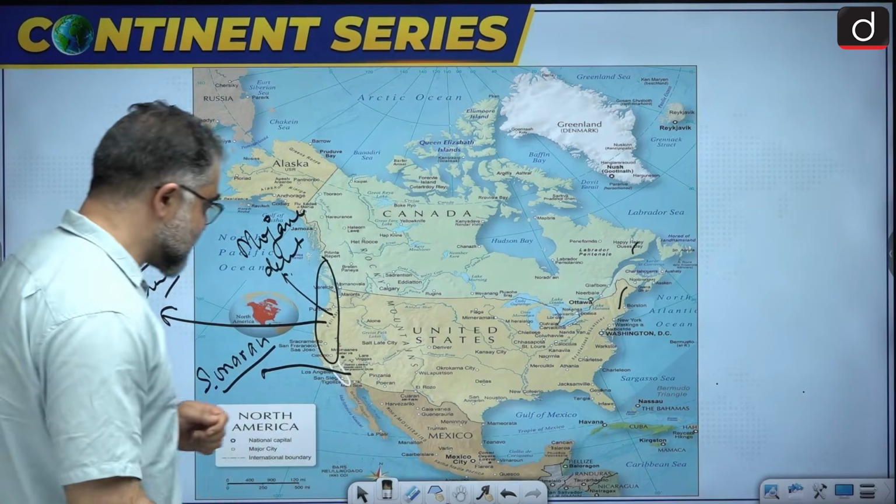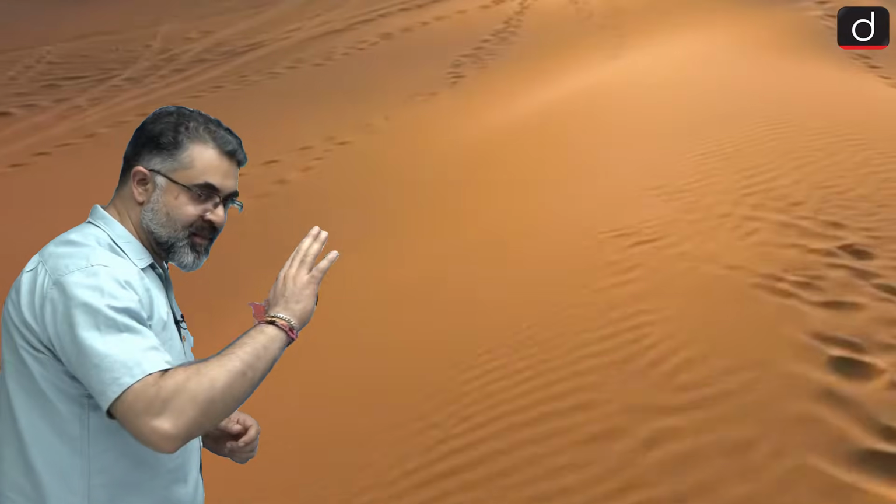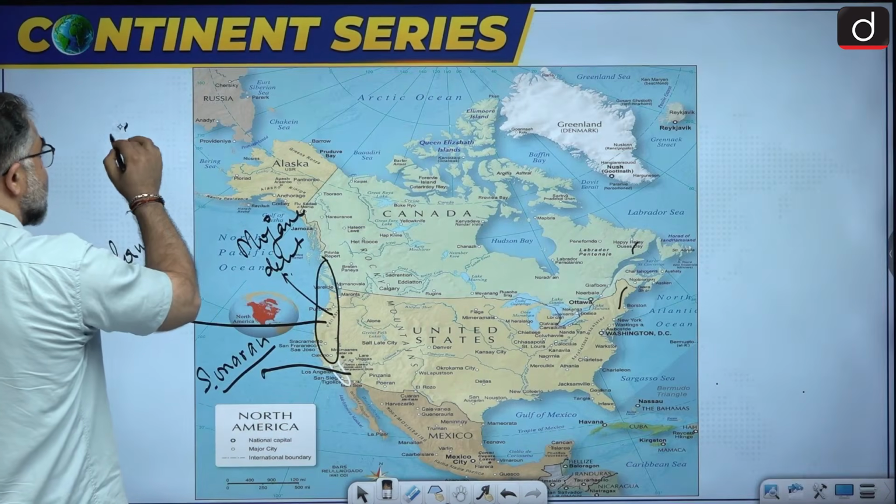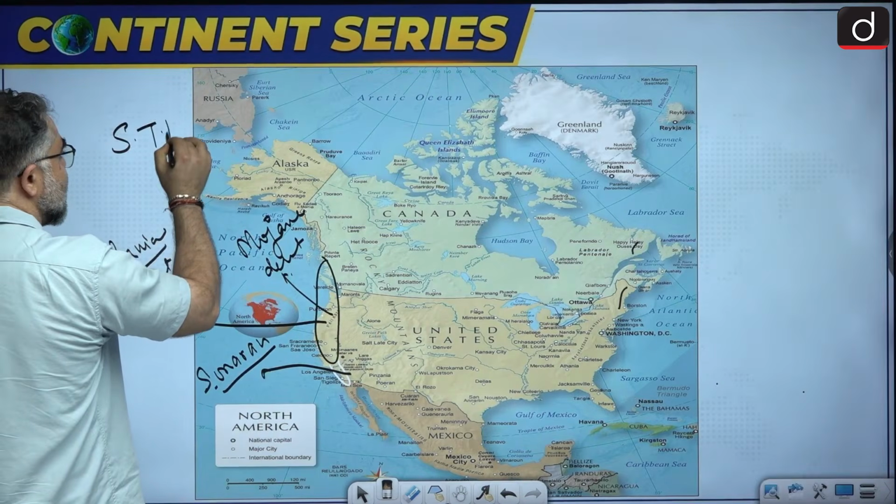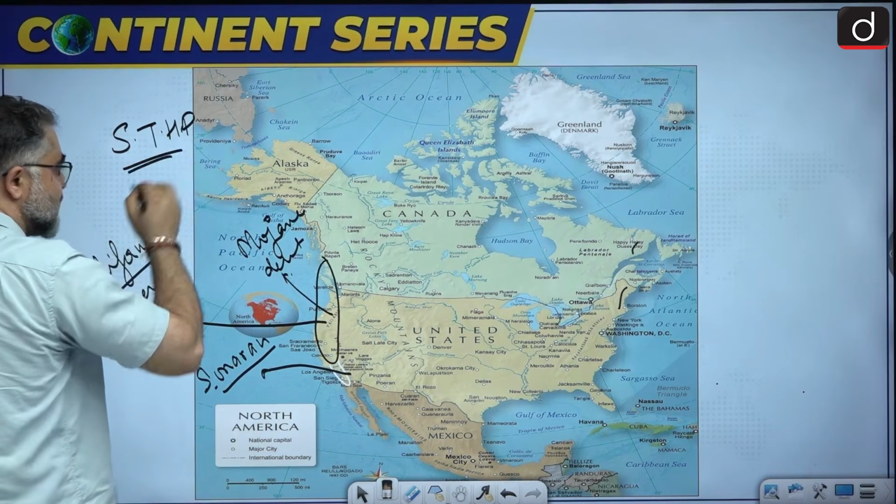Why there's a desert formation to the western side of it is because of three main factors that how deserts are formed. One factor is in the subtropical region, there is a high pressure formation. That means air masses subside there. Since air masses subside, subsidence of air mass causes decrease in rainfall.